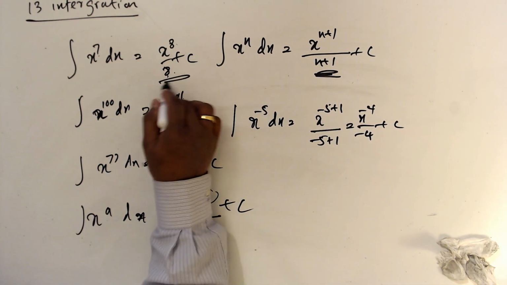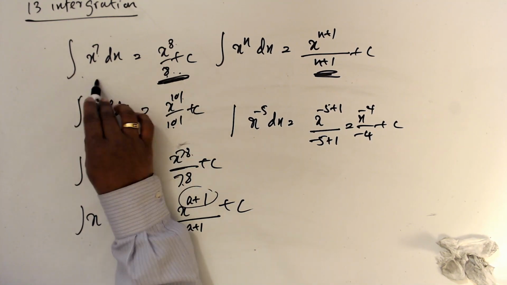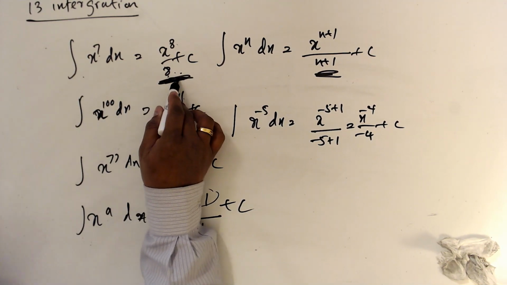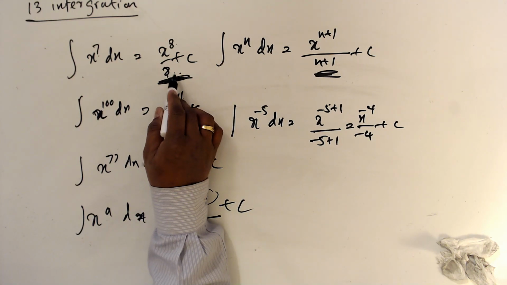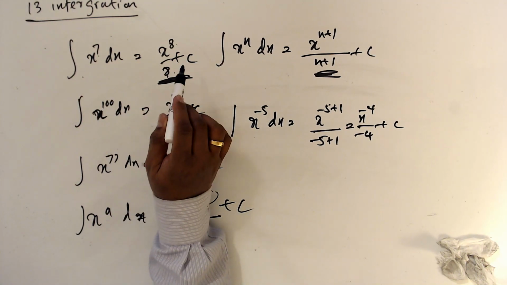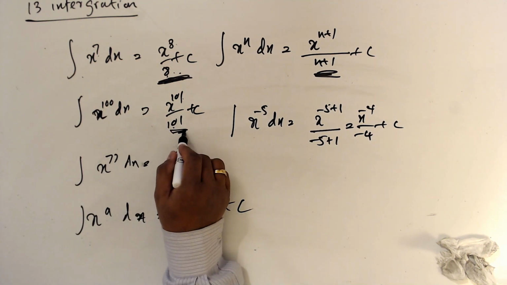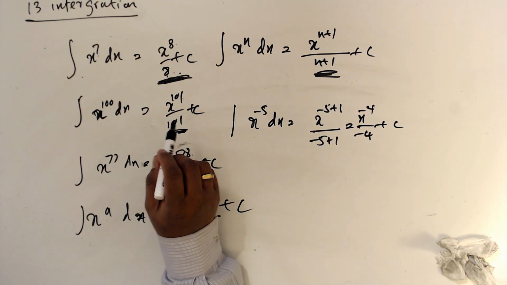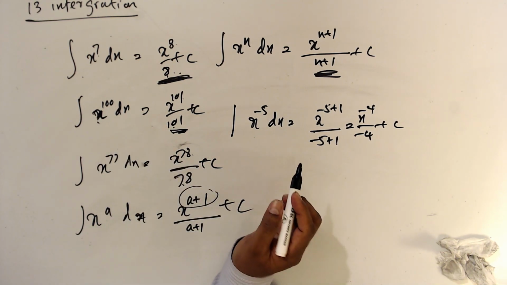Now this part is usually called the integral. When you compare, this is the integral of x to the power 7 with respect to x. This one is the integral of x to the power 100 with respect to x.